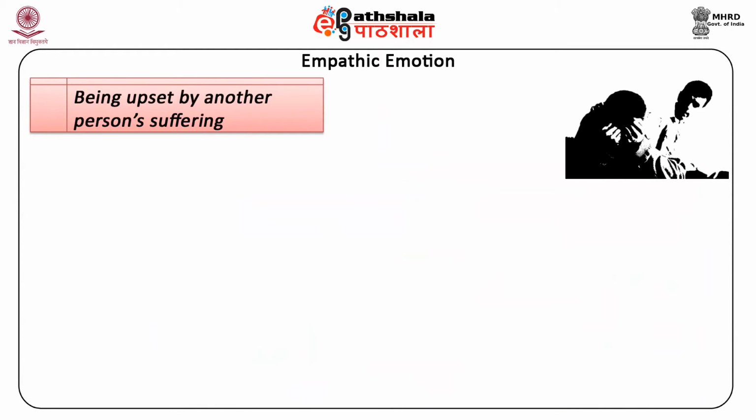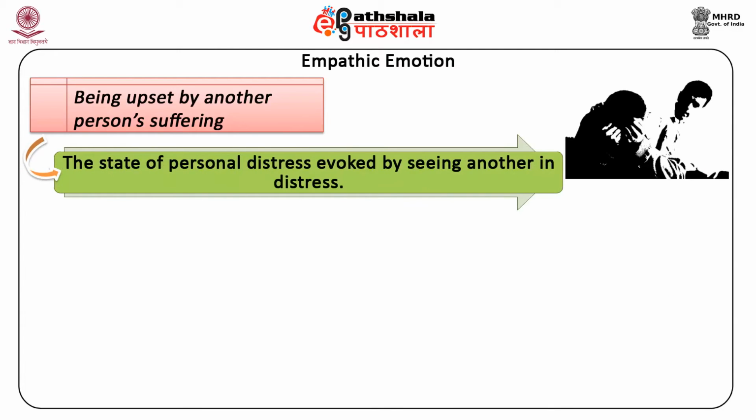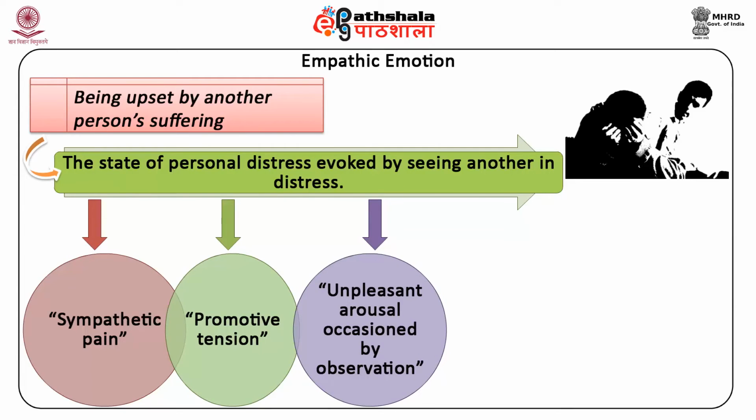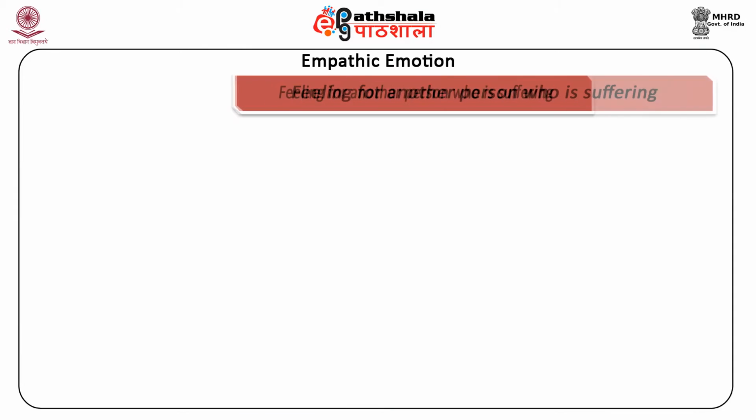Being upset by another person's suffering, the state of personal distress evoked by seeing another in distress, to which we just referred, has been given a variety of names. It has been called sympathetic pain, promotive tension, unpleasant arousal occasioned by observation, and empathy, feeling for another person who is suffering.